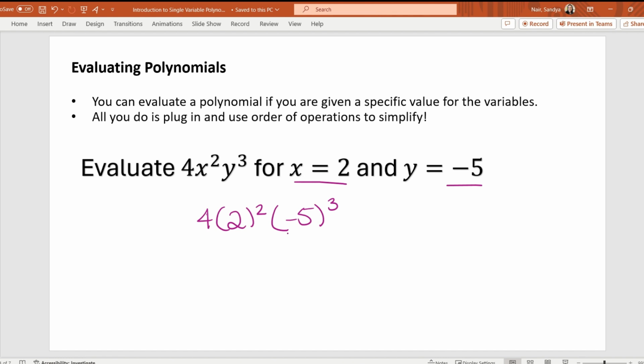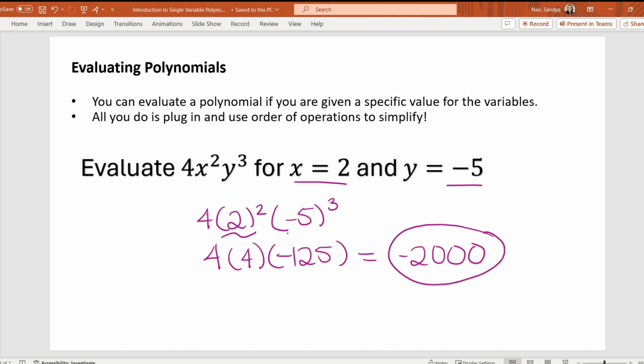Now I need to use order of operations to simplify. Remember that order of operations tells us that we do the exponents first. So we do 2 squared, which is 4, and then we do negative 5 cubed, which is negative 125. So we have 4 times 4 times negative 125 now, so we have 16 times negative 125, which gives us negative 2,000. And that's how we evaluate this given specific values for our variables.